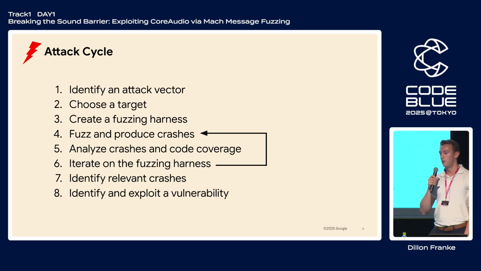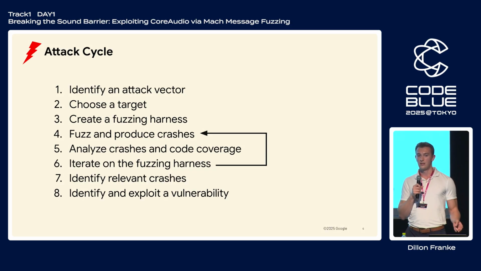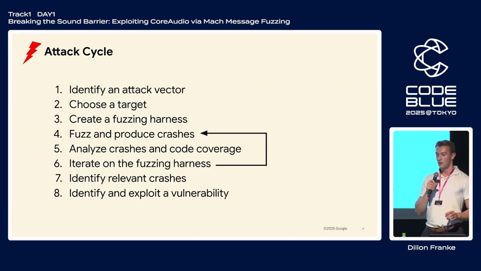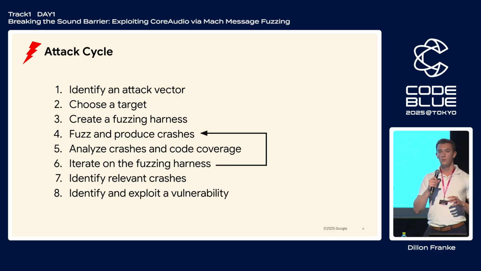So the attack cycle that I used for this research was to identify an interesting attack vector, then choose a target that used that attack vector. In this case, it's going to be Mach messages. Create a fuzzing harness, start fuzzing and produce crashes, and then look at those crashes, see if they're interesting, look at the code coverage, and probably then we need to iterate on the fuzzing harness to improve it and to get deeper into the code base.